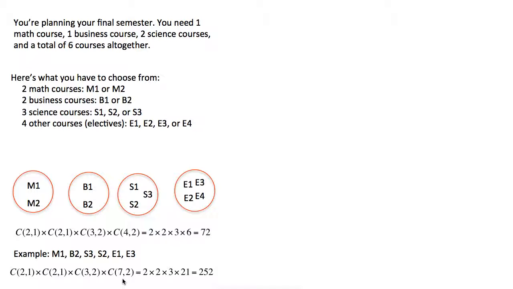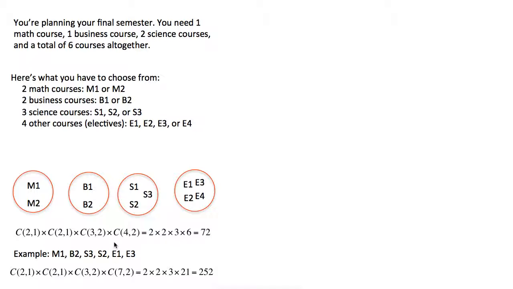And then keep in mind that not only do we have our 4 electives available, but we also still have 1 leftover math course, 1 leftover business course, and 1 leftover science course. So really, among the 11 courses that are available, we've only selected 4 to meet our requirements. So we still have the other 7 we could choose from for our electives.